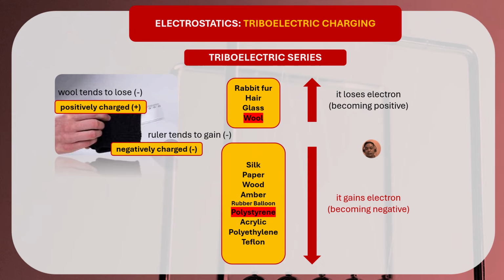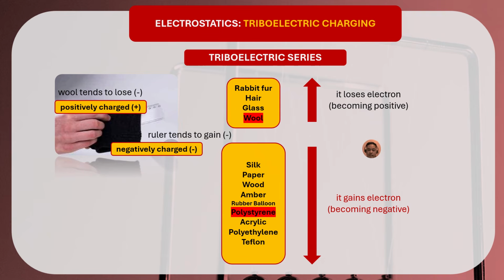From two neutral materials, after rubbing, one will be positively charged, especially if it's the one to lose electrons, and then the other one, which receives the electrons, is now the negatively charged one.